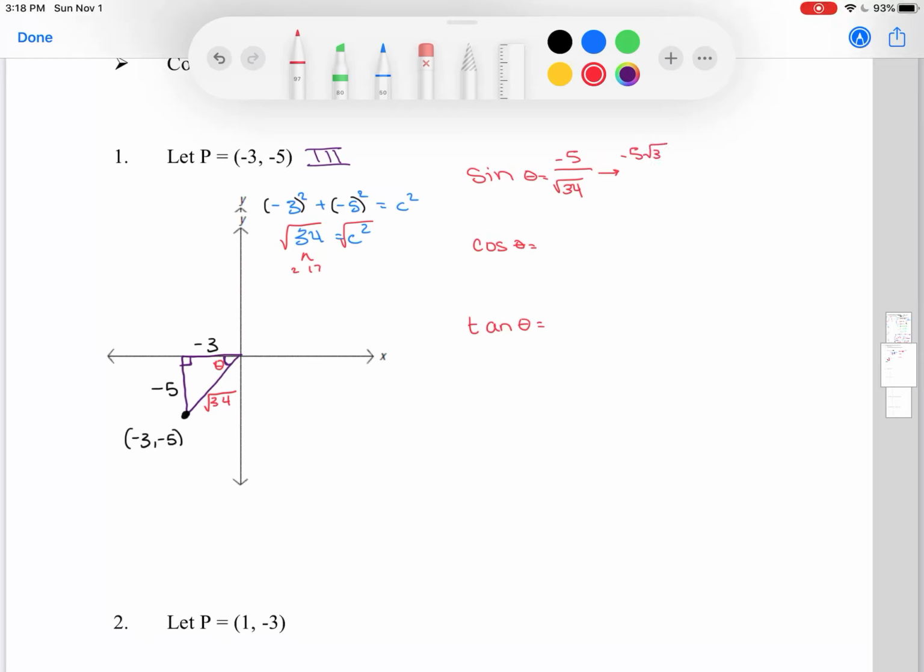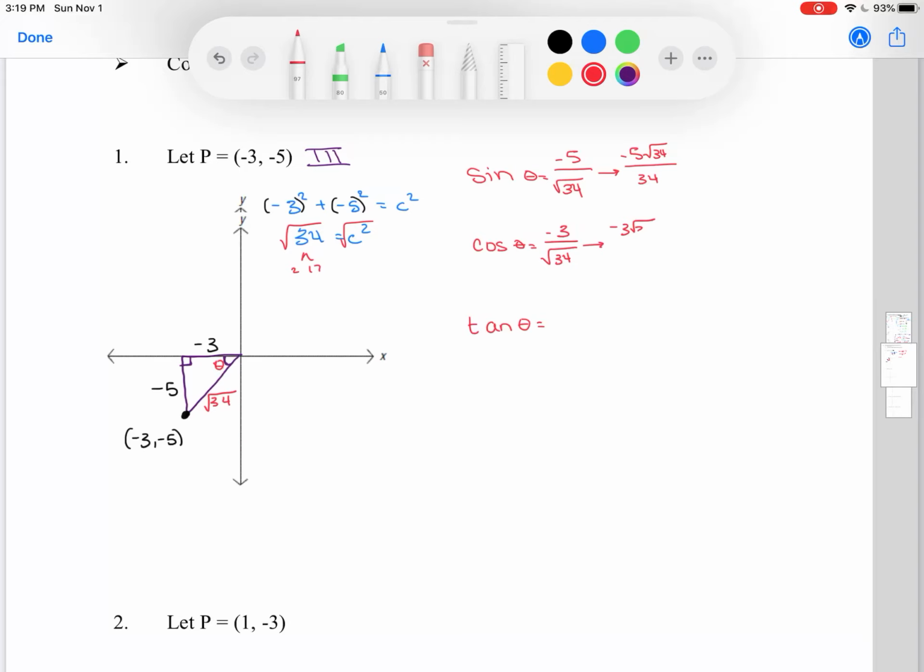So sine, opposite over hypotenuse: -5 over square root of 34. We don't like that as an option, so I'm going to convert it, multiply top and bottom by the square root of 34. Sorry, -5 multiplied by the square root of 34 divided by 34.